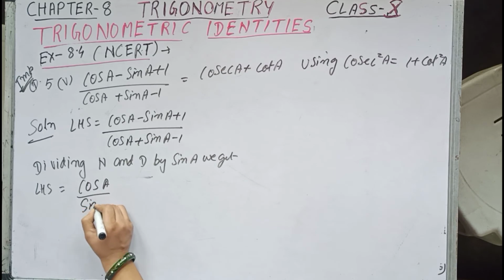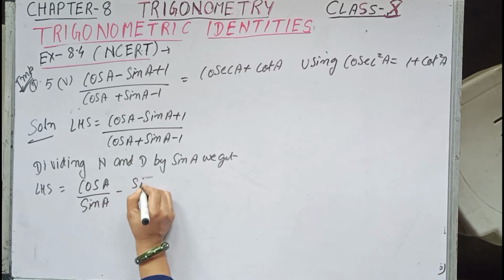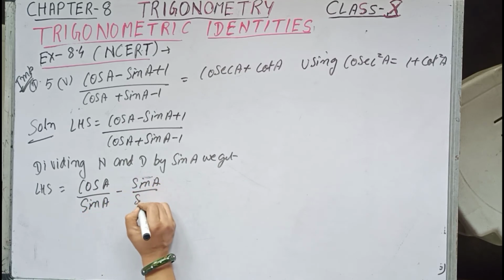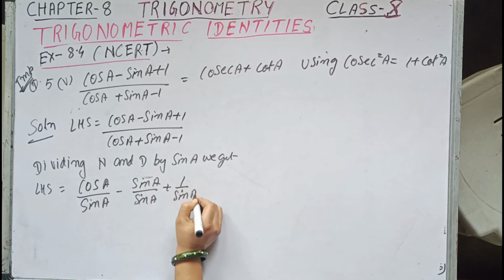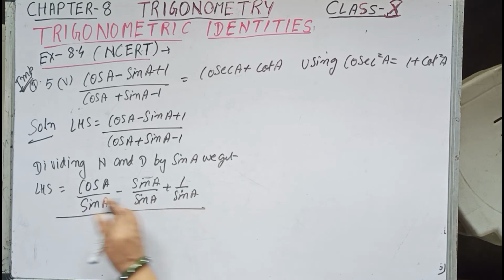Cos A by sin A minus sin A by sin A plus 1 by sin A. All I have divided by sin.